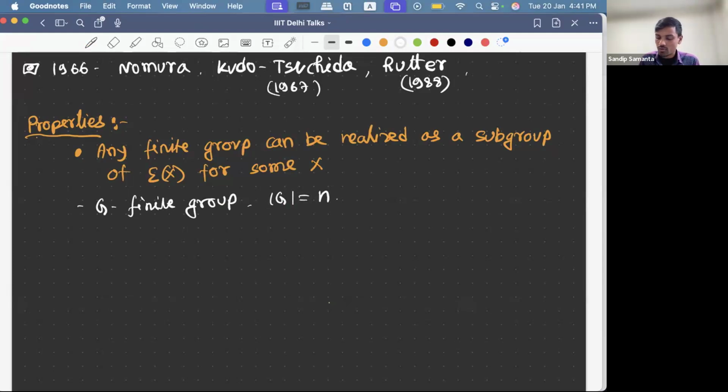Those give a group homomorphism. So using that, we can see that G sits inside the symmetric group with n elements, so we can see G as a subgroup of the symmetric group with n letters.